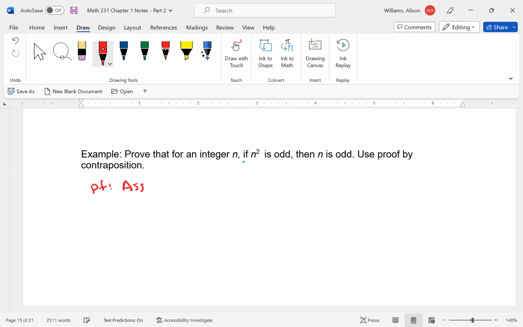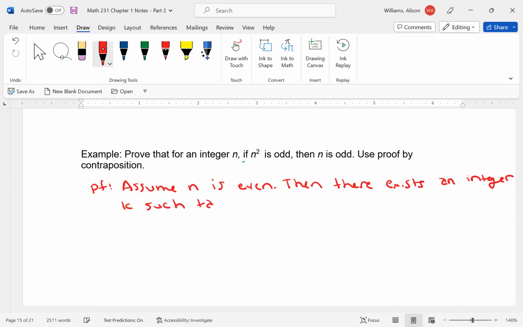Assume n is even. Then there exists an integer k such that n equals 2k. Again, we want to look at n squared.